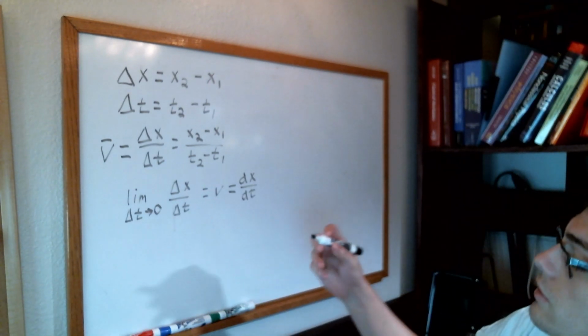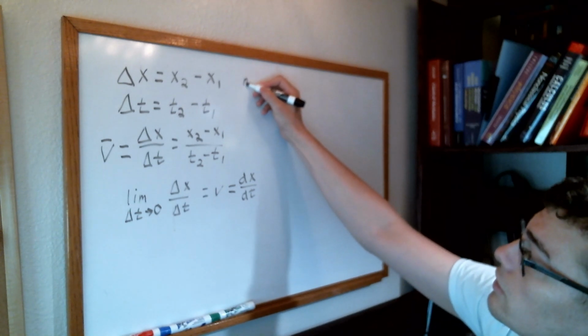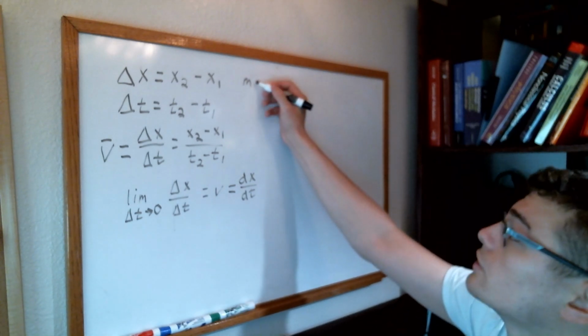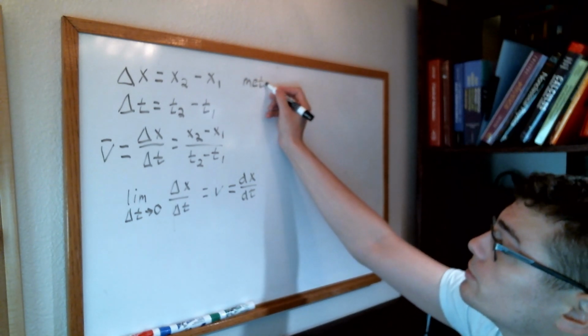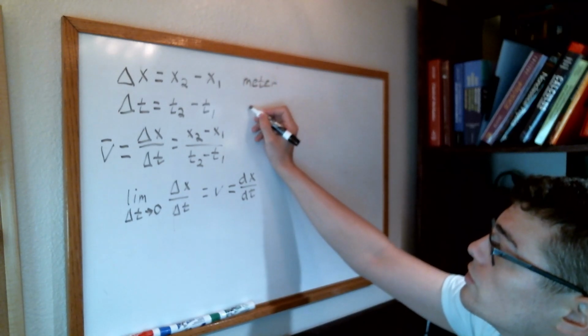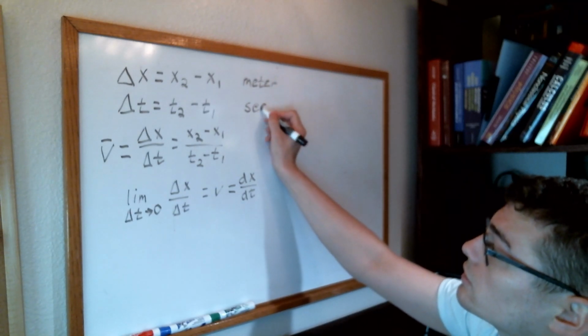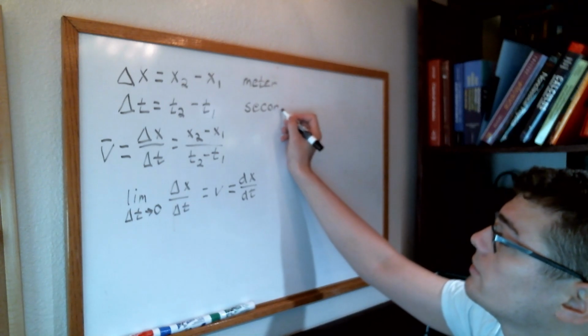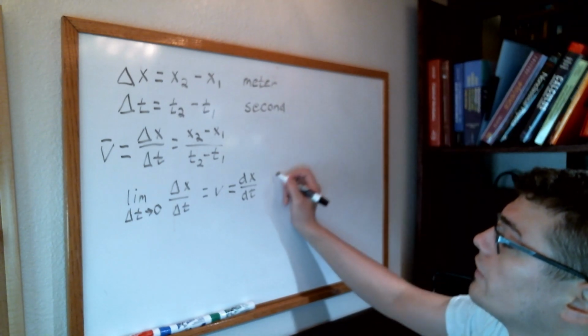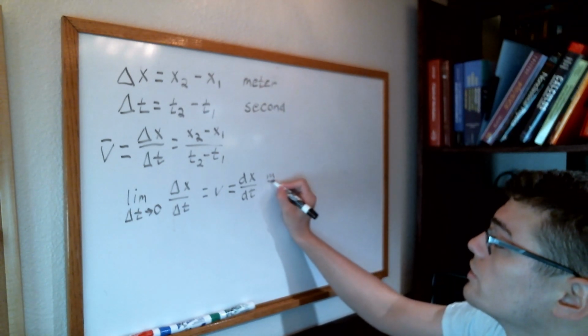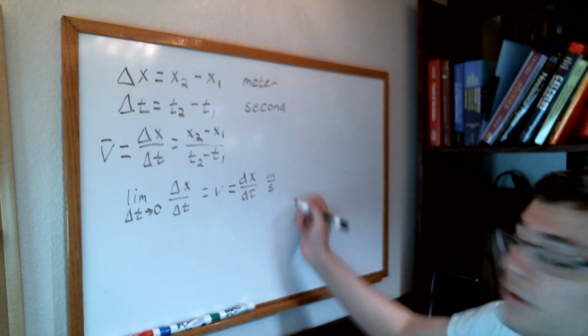Units, let's keep track of them. We usually use meters for displacement. We'll use seconds for time, and then meters per second for velocity.